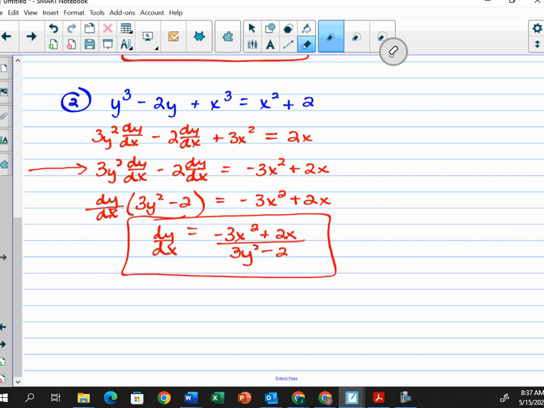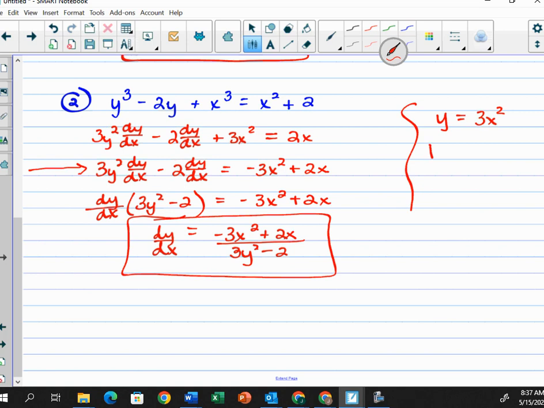You've technically been doing this all along. If you had y equals 3x squared, the derivative of y is 1 times dy dx. You've been doing it, but because it was y to the first power, you didn't even realize.